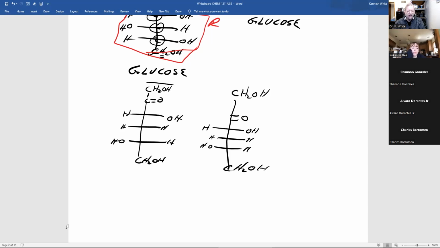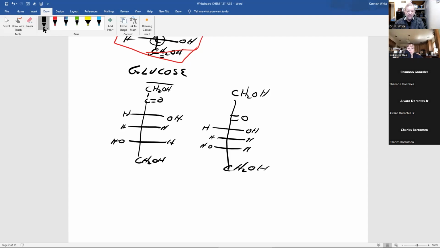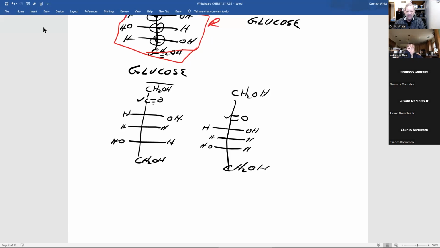All right, let's circle the chiral carbons. Anything that's in a double bond or has two or more of the same atom is out. So this carbon is in a double bond. Same thing for that carbon. This has two hydrogens. This has two. Ooh, and this carbon has two hydrogens. So that leaves us this carbon and this carbon to consider. How many of you got fooled by that one?